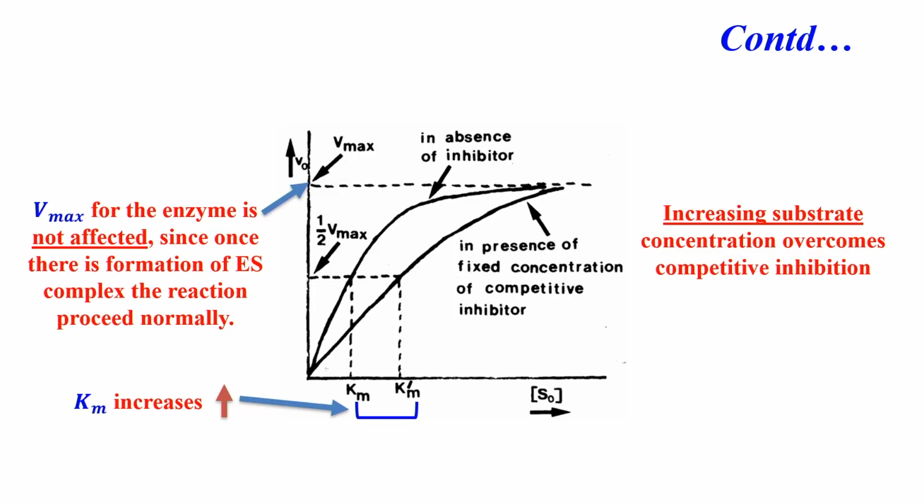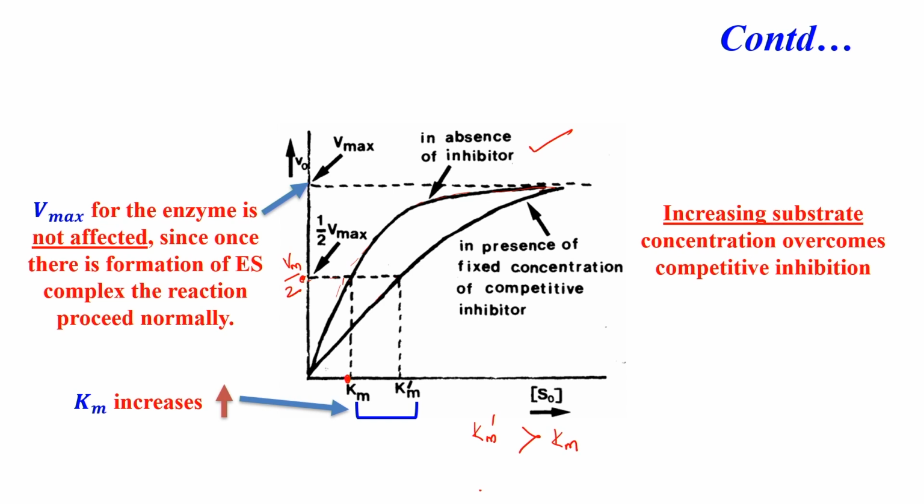If you plot substrate versus velocity, this one is the typical Michaelis-Menten curve in the absence of any inhibitor. What is Km? It is the substrate concentration when V equals V max upon 2. If I put V max upon 2 here, the corresponding value of substrate is the Km. In the case of the inhibitor, the curve is delayed, and if I again calculate the Km, it has increased. So, Km dash is greater than Km.